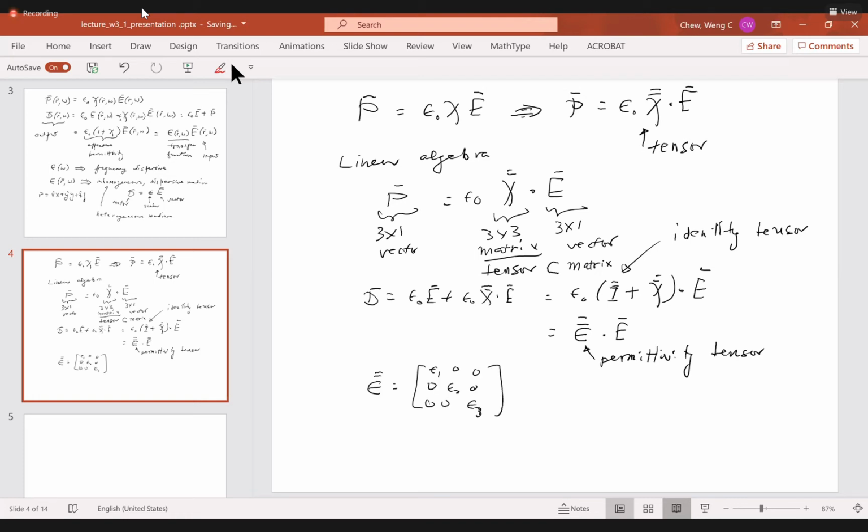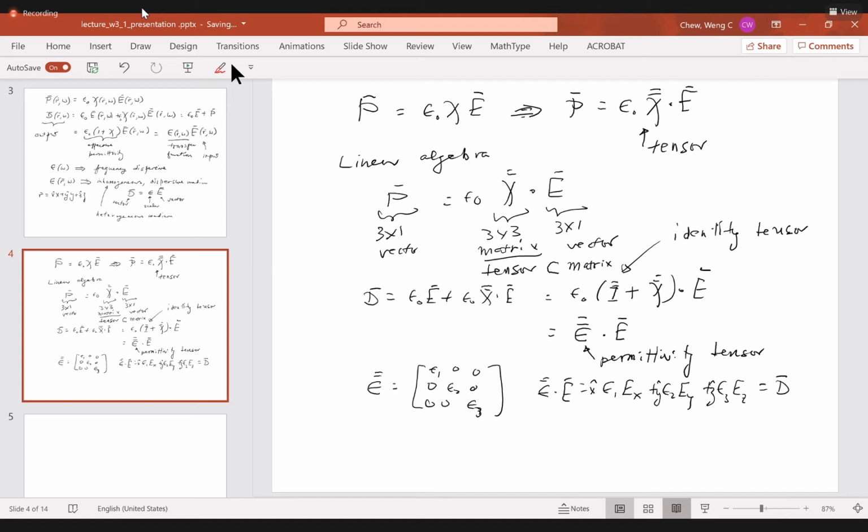So what it means is that when this is applied on an electric field, epsilon dot E would be equal to epsilon 1 EX plus epsilon 2 EY plus epsilon 3 EZ, and this would be your electric field. Sorry, I should have an X component here, a Y component here, and a Z component here. You can see in this picture that D and E do not point in the same direction.